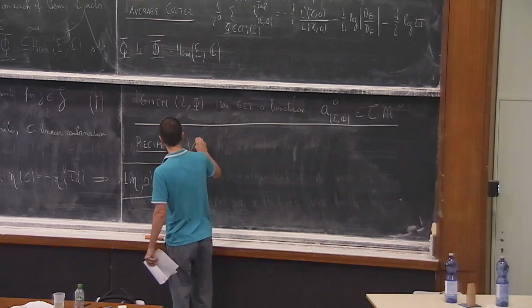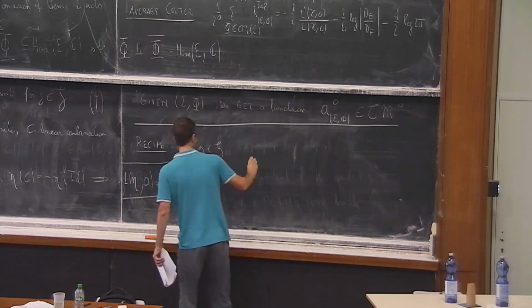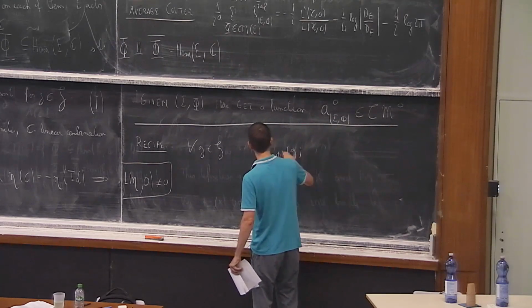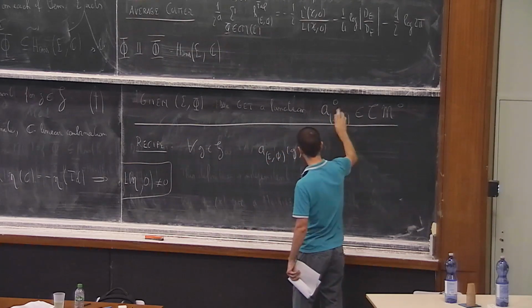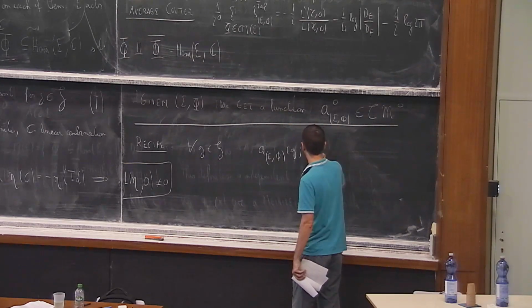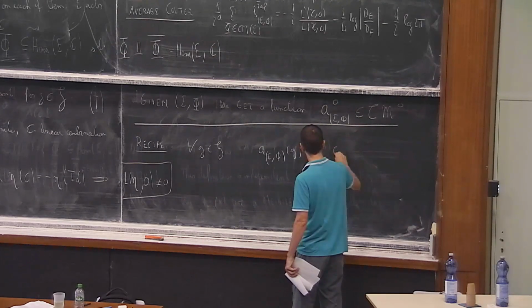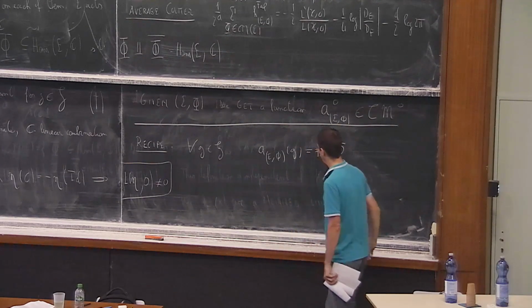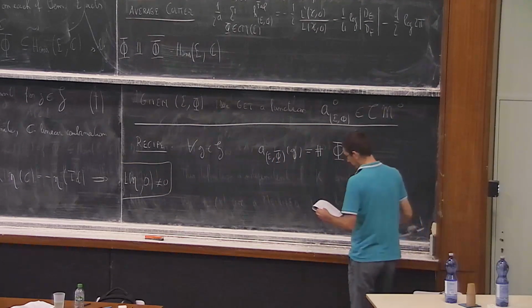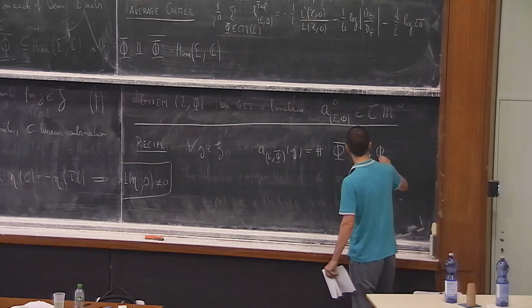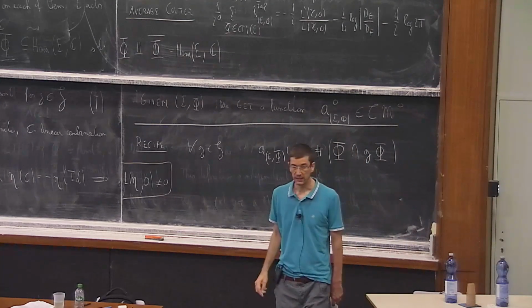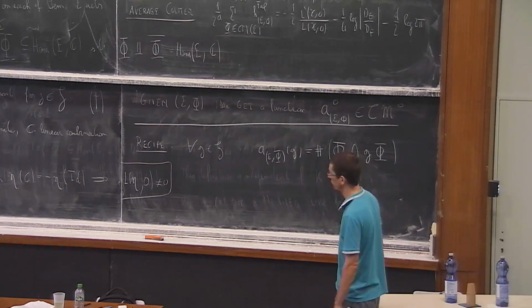First of all, for every g in G, I define A_phi of g, so there is no zero. So the function that we'll be interested in will be a modification of the one I'm defining now, as simply the cardinality of my CM type phi intersected with the image of my CM type via an element of the Galois group.